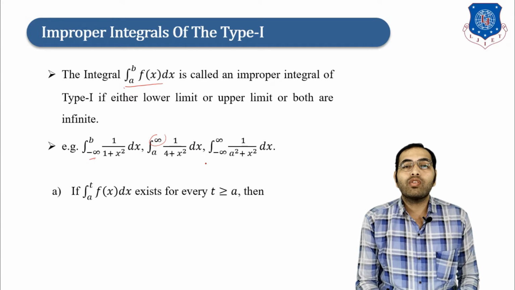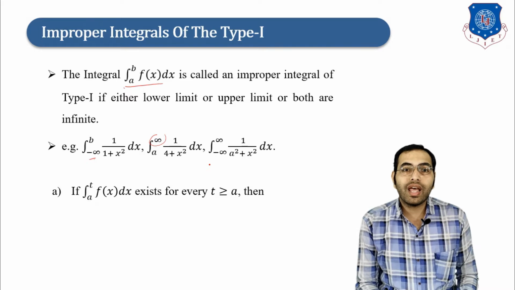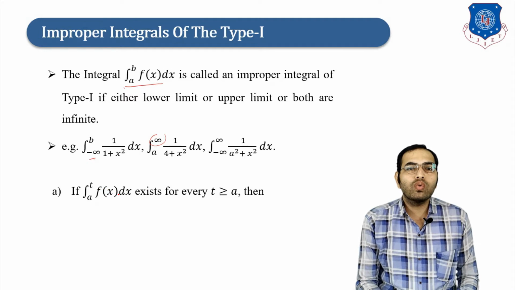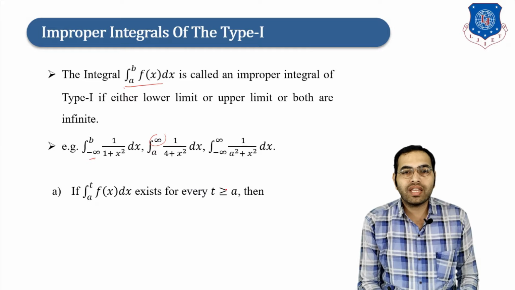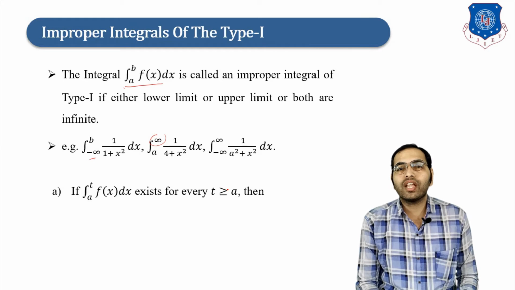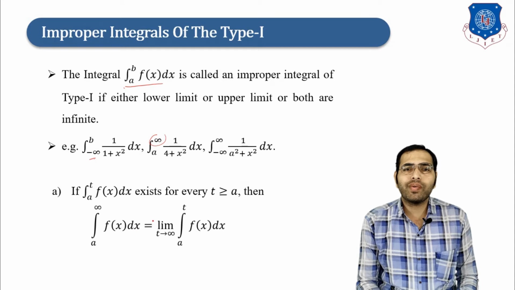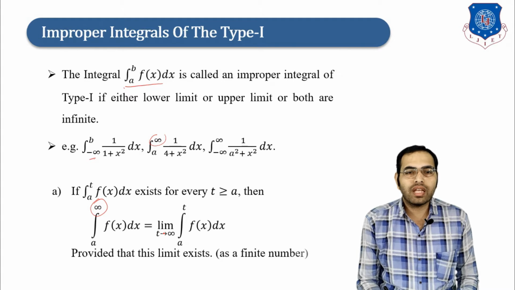Basically, finding the solution of an improper integral has three kinds. Firstly, if integral a to t f of x dx exists for every t greater than or equal to a, then integral a to infinity f of x dx equals, here the upper limit is infinite, meaning it is replaced by any real number t.